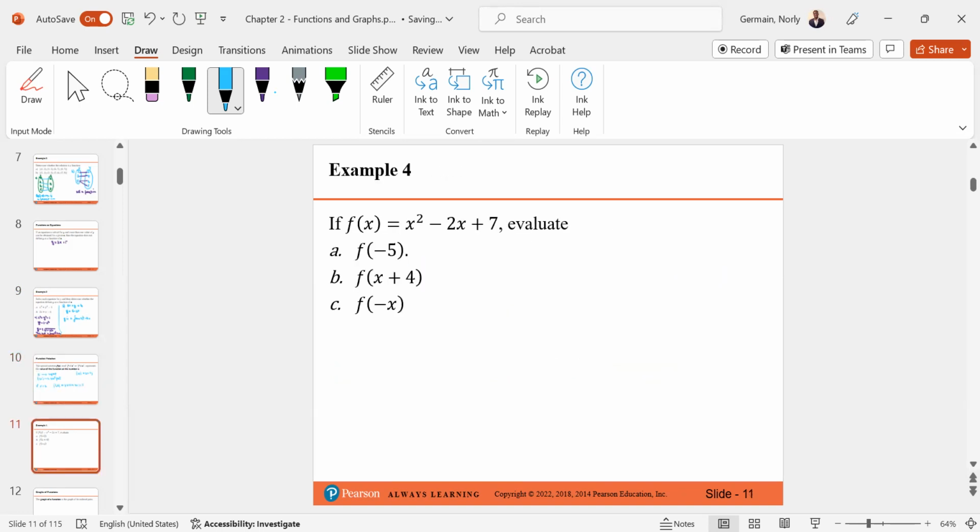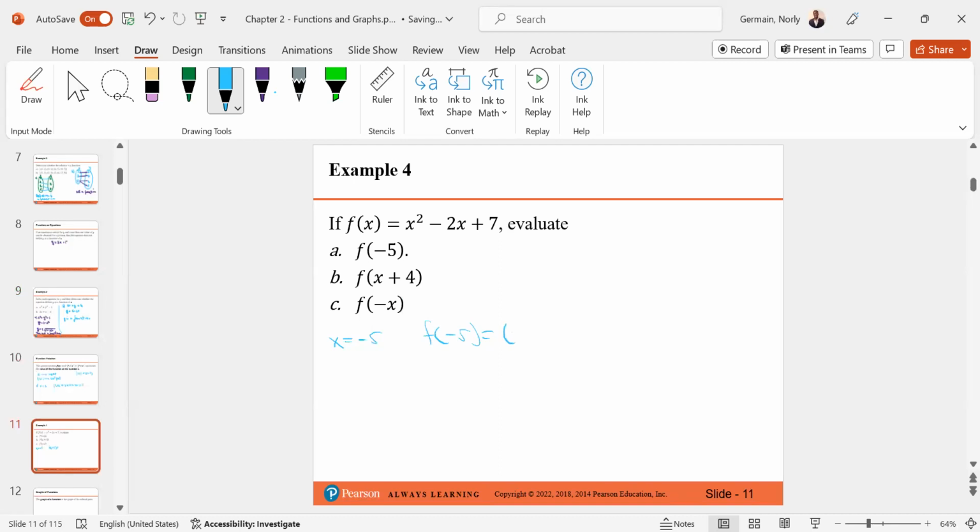Now, this is an example. What do you do with functions? We start doing a lot of things with functions, among them evaluating functions. One of the things you can do with a function is evaluate or graph it. If you know the value for the independent variable x, for example x equals -5, we would say f of -5. You just need to plug that number into the function.